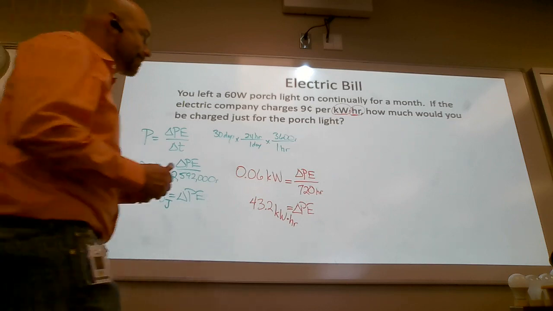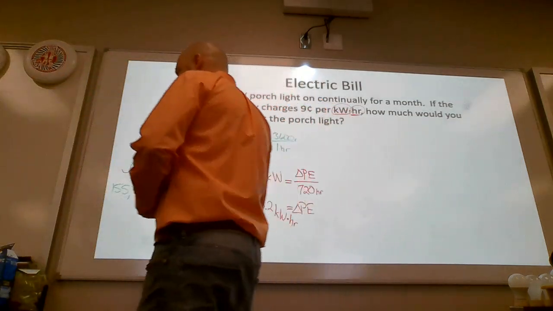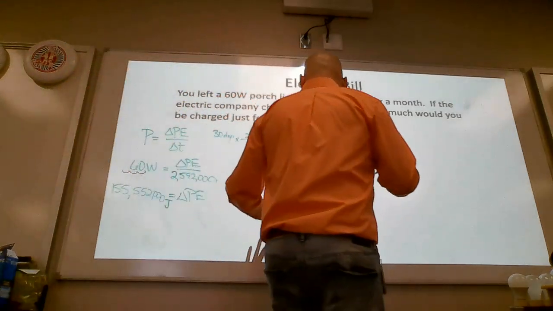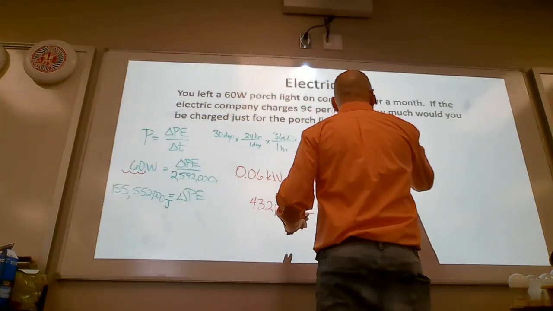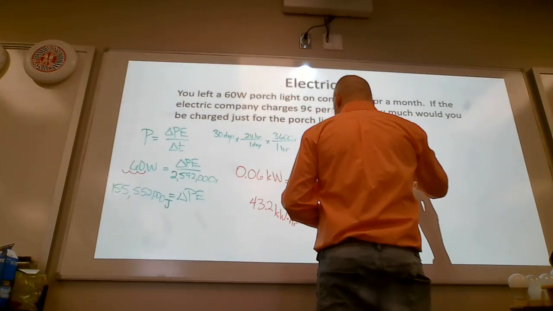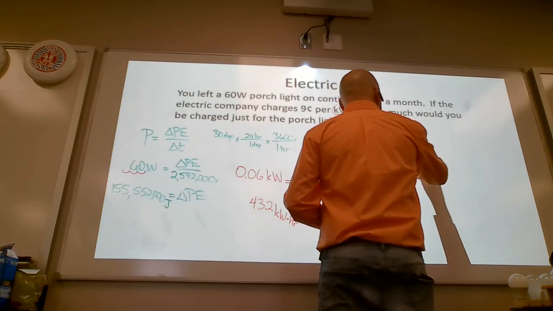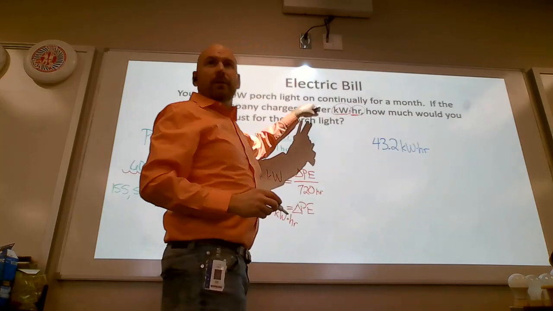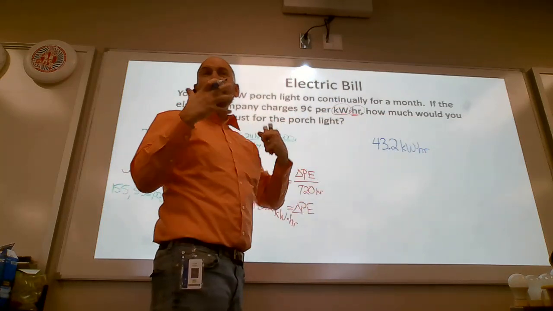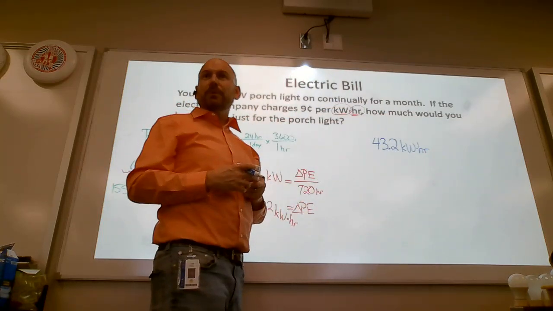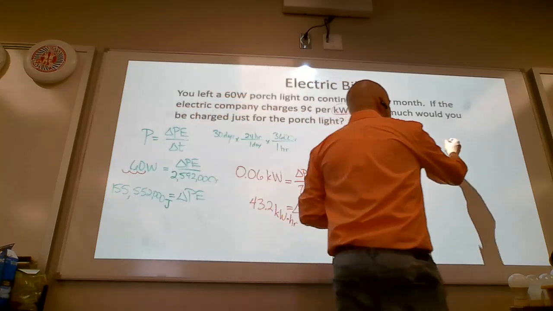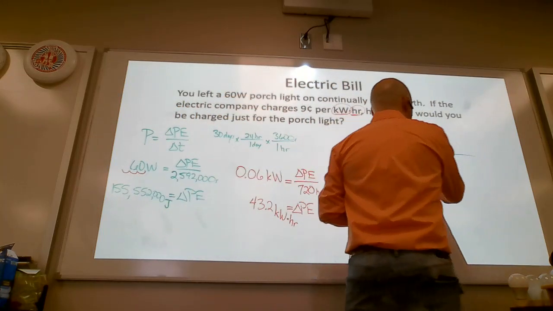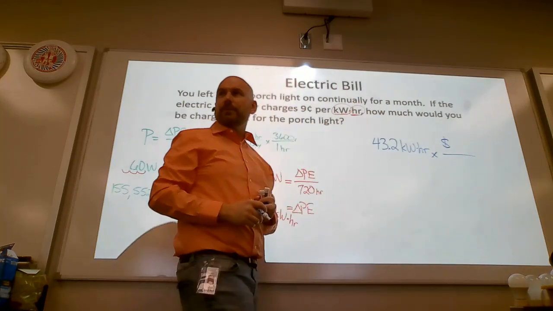Okay. And so then we need to figure out how much we're charged. So this becomes more like unit analysis. I've got this rate here. I want to end up with dollars. So I want dollars on top. And I want to get rid of kilowatt hours.